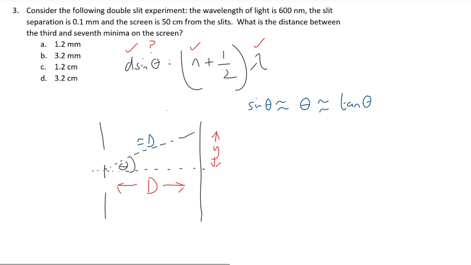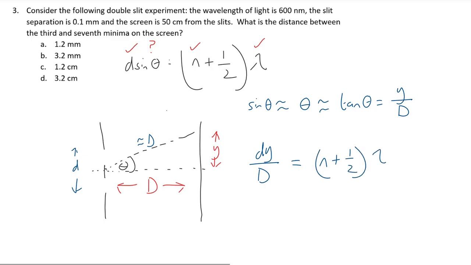Therefore, I can replace sine of theta with simply y over capital D. Doing so results in this new formula. The slit separation d multiplied by that quantity we are looking for, y, divided by the separation between the slits and the screen capital D, is equal to the dark fringe number n plus a half, all multiplied by the wavelength of the light lambda.